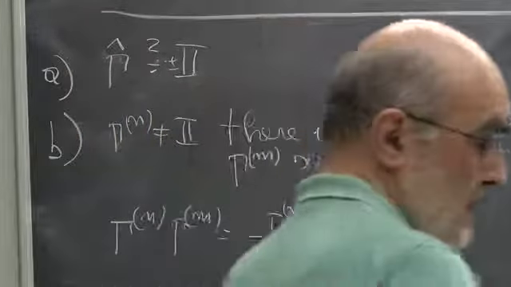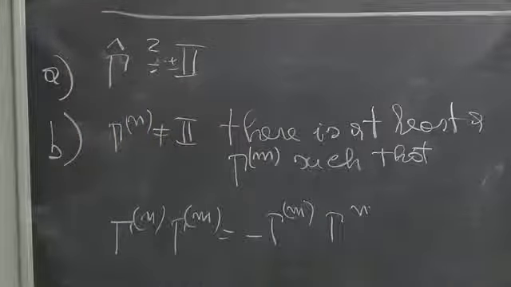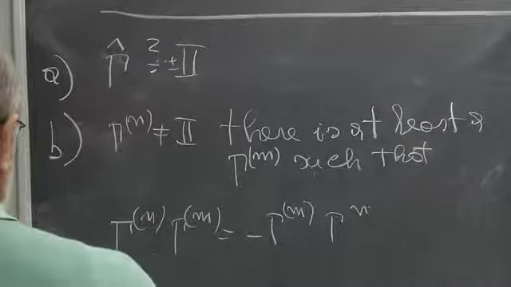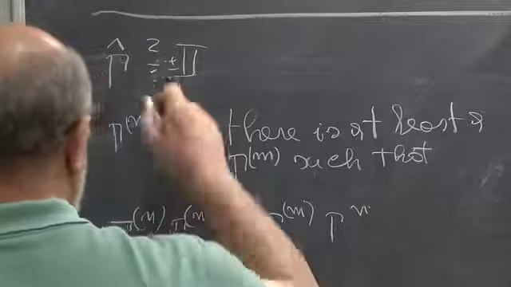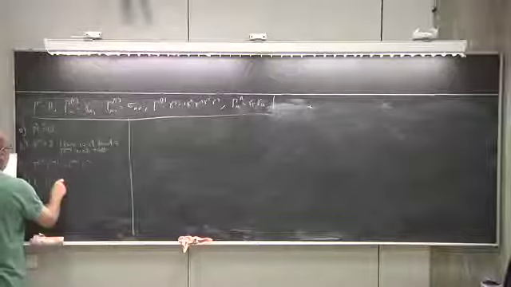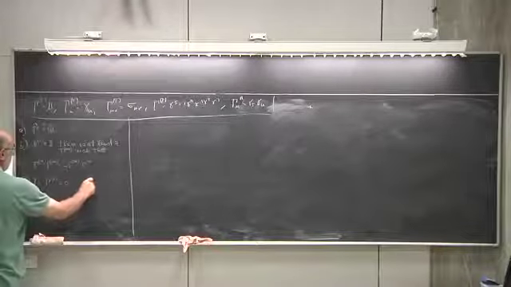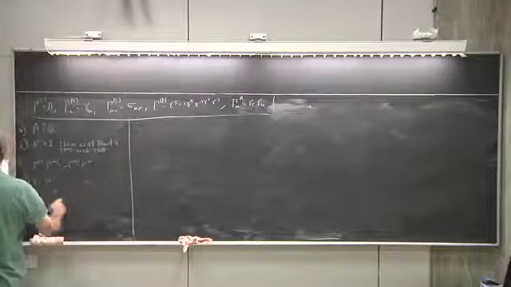This was the second property. The third, out of these two, we also got that the trace of gamma n is equal to 0, except when n is the scalar.